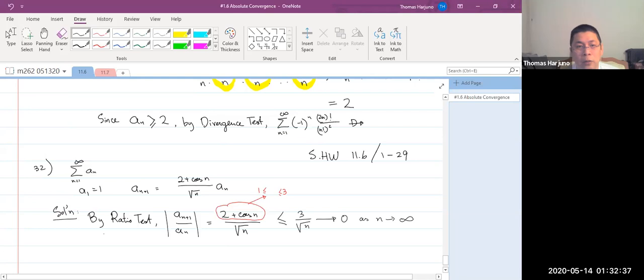Then by ratio test, this series is absolutely convergent, aka convergent.